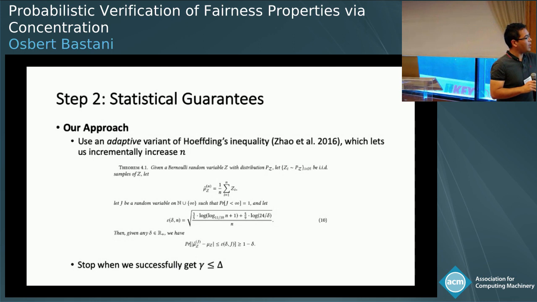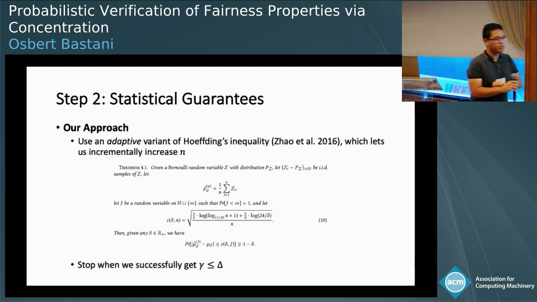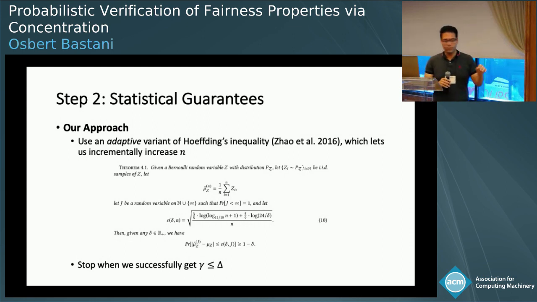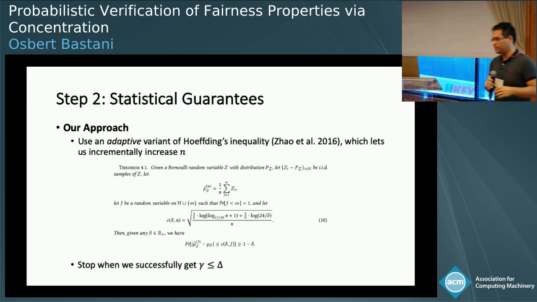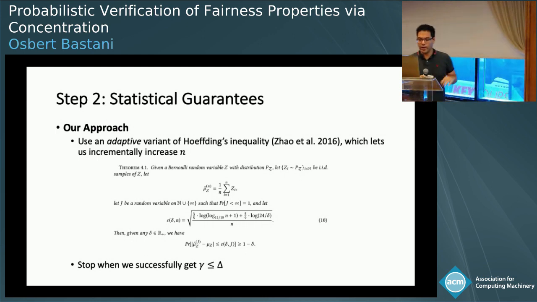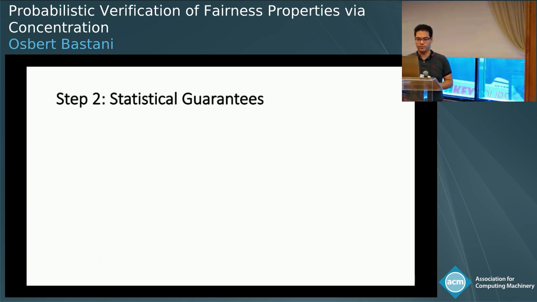This theorem looks exactly the same as Hoeffding's inequality, except the value of epsilon is adjusted, so that the value of delta is adjusted to account for the fact that we're taking a sequence of checks rather than just doing one check with a single value of n. And then as before, we can just stop once we successfully get the confidence that we're looking for.